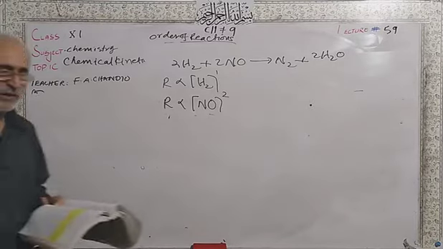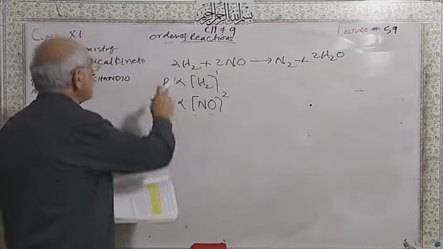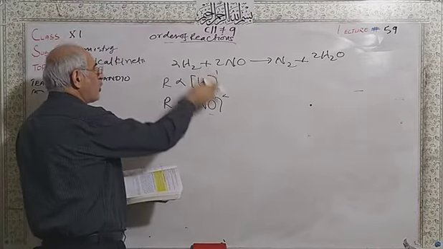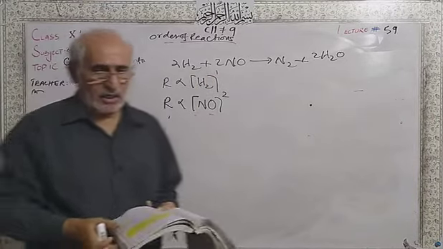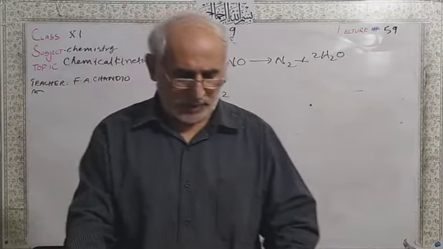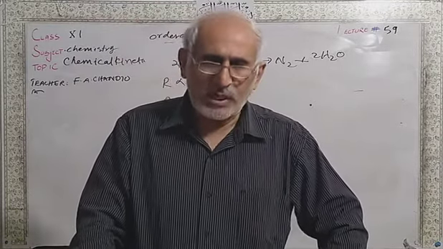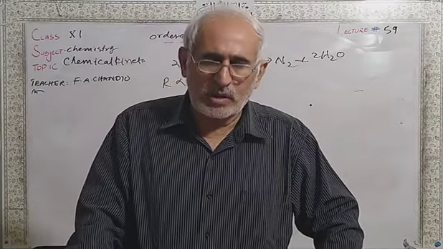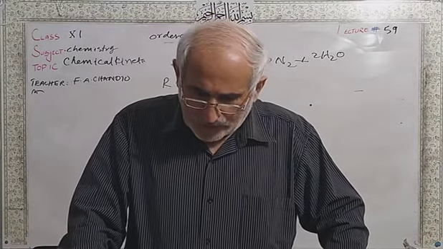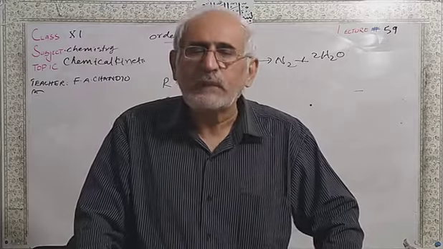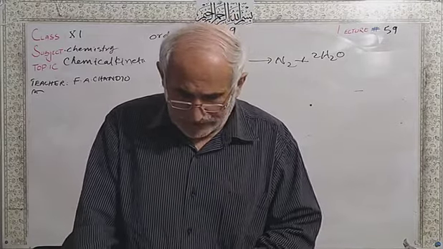This statement is given. Because if you see this, it is fourth order, 2 plus 2, 4, but the rate law and also the experimental evidence suggest that only one molecule of hydrogen and two molecules of nitric oxide participate in the rate determining step.